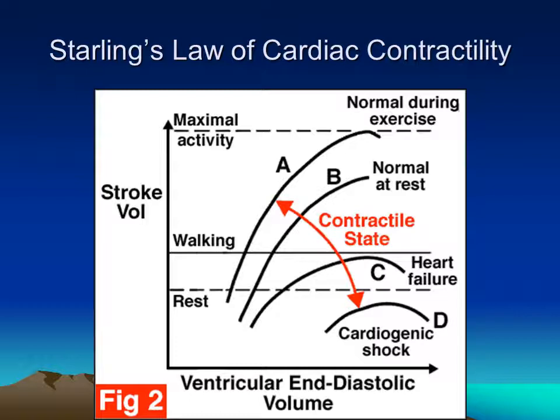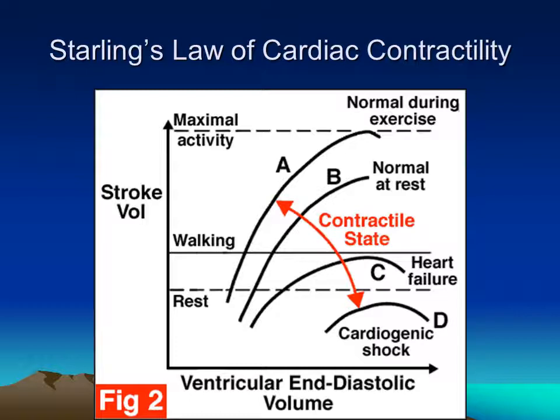As the ventricular contractility decreases, stroke volume decreases. The ventricular end diastolic volume increases, resulting in congestive heart failure and possibly cardiogenic shock. And you can see that down by D.